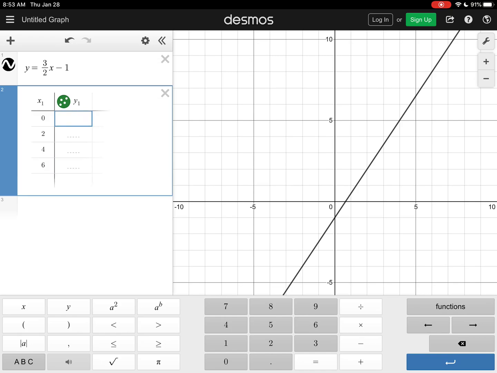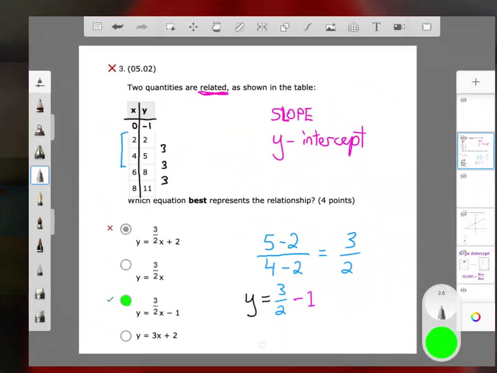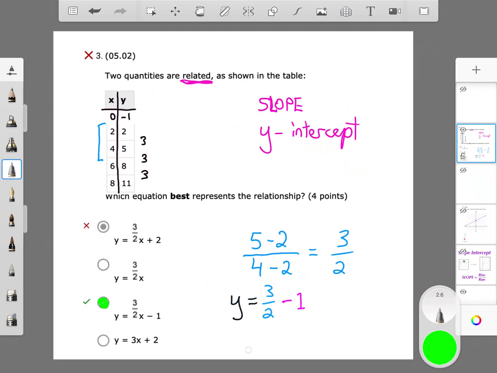And on the y, we have a pattern of negative 1, 2, 5, 8. And if this function lines up with that table that we were originally given, then they're a good match. And I think looking at the function and the table and the graph, we've got a good match. We should feel good about this solution. We got it right.